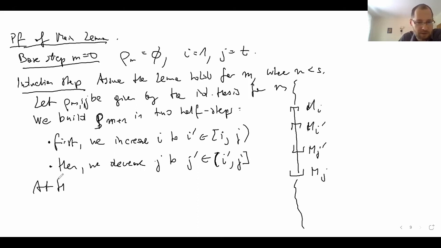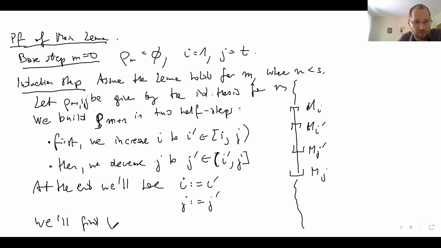At the end, the new I becomes I prime, and the new j becomes j prime, and we'll find rho m plus 1 along the way. So we sort of work separately on each side of the interval in this proof. We were going to shrink it and extend our assignment as we go along. So I think there's enough time to at least discuss the first half step.